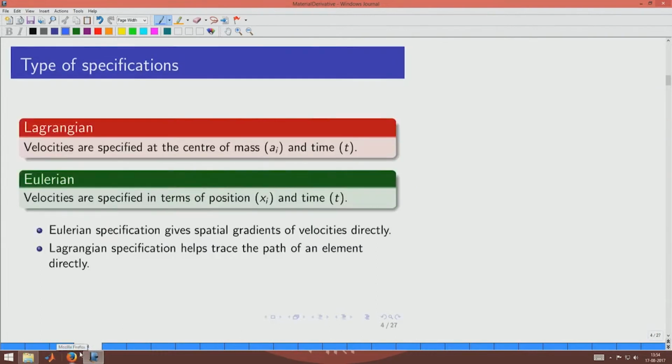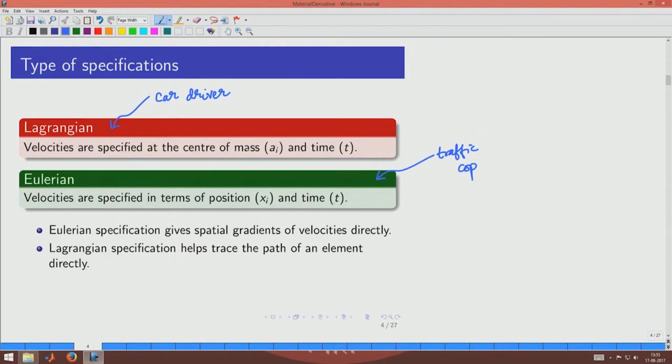Here we have the two names being introduced, Lagrangian and Eulerian. The Lagrangian is what we say the car driver, how the parameters are being seen as defined at the location where the car is in a traffic flow, and Eulerian is by the same example how the traffic cop would see the various parameters like the acceleration or speed of a vehicle, and he would look at these as a function of the location of space.